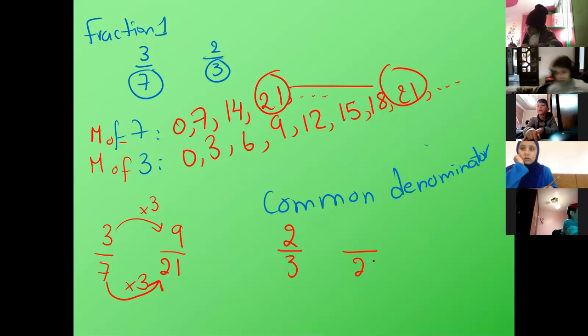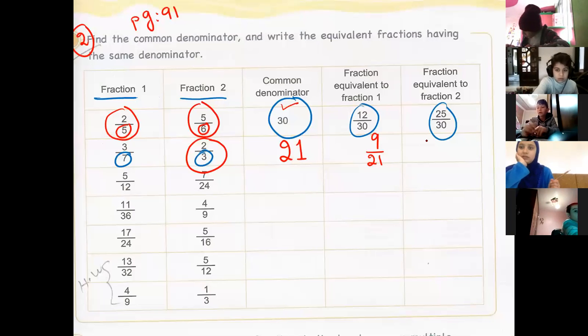We did it. 21 is the common denominator. Continue, Hassan. Which number in table 3 gives us 21? 3 times 7. Okay, multiply up by 7. 2 times 7 is 14. So 14 over 21. Let's write 14 over 21.